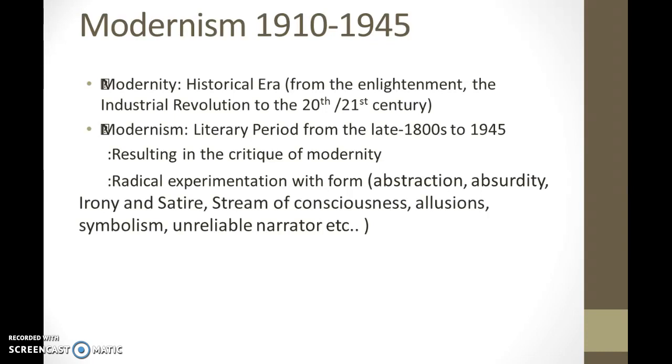So when you read their poems, the poems of Ezra Pound, T.S. Eliot, Marianne Moore, William Carlos Williams, I want you to particularly pay attention to the following characteristics of modernist literature.